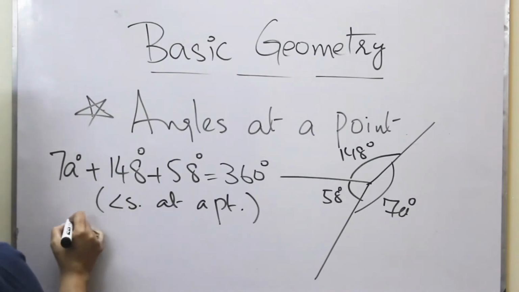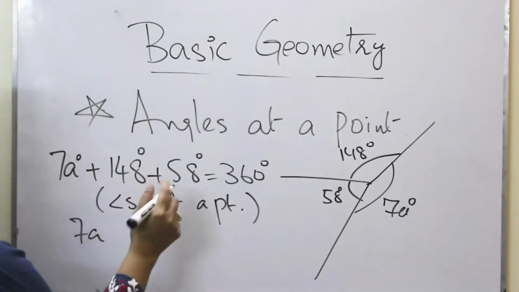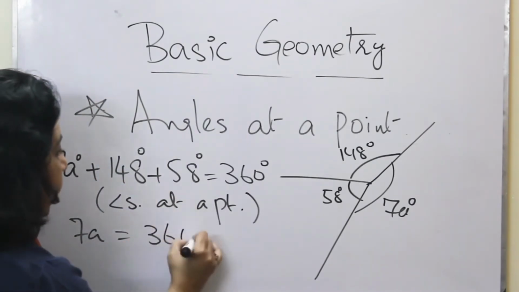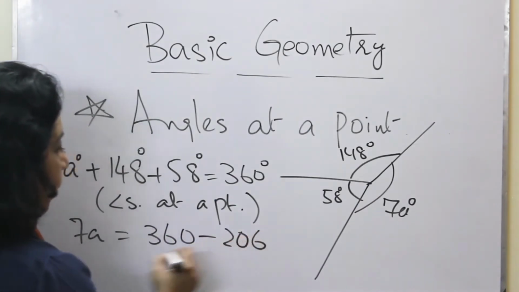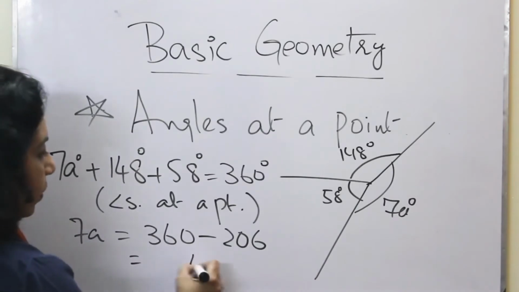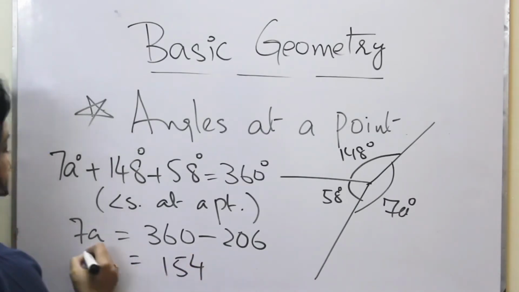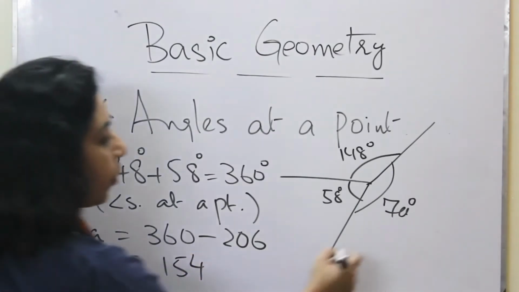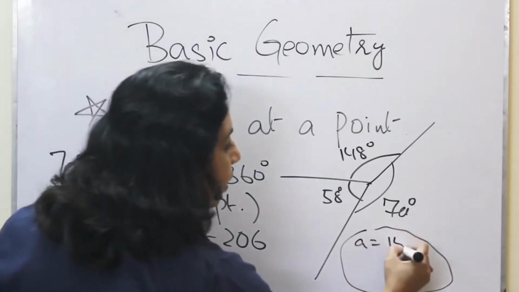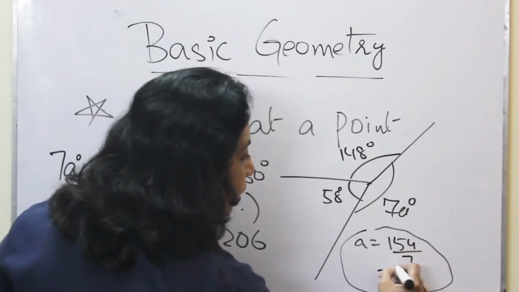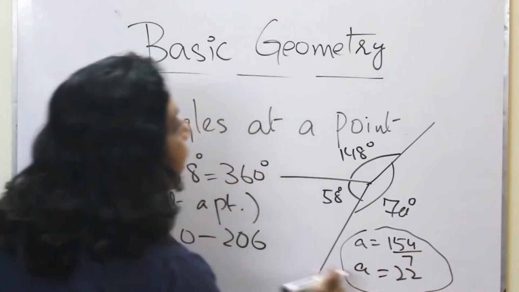Now we shall add 148 and 58, which is 206, and subtract it from the other side, 154. 7A equals 154, and when we find A, we divide 154 by 7. You can see the value of A is 22.